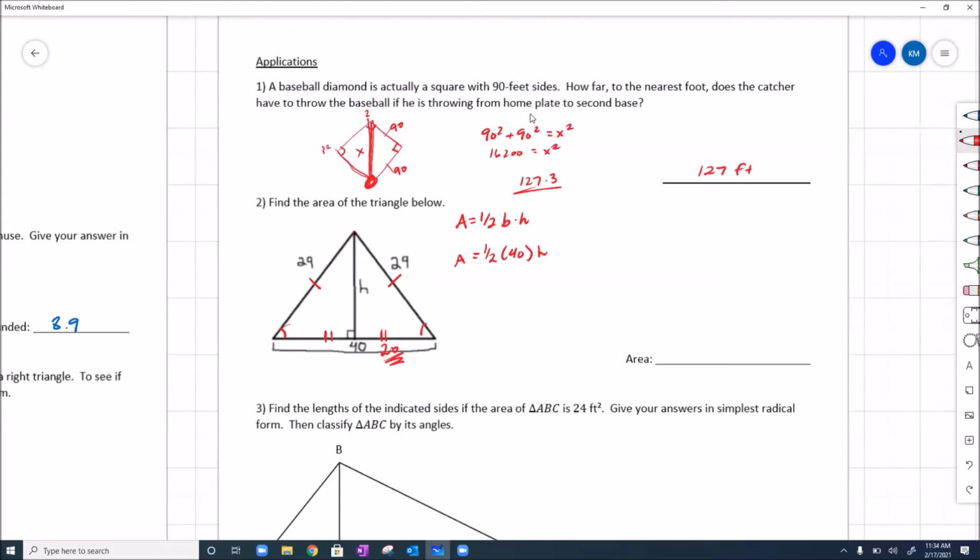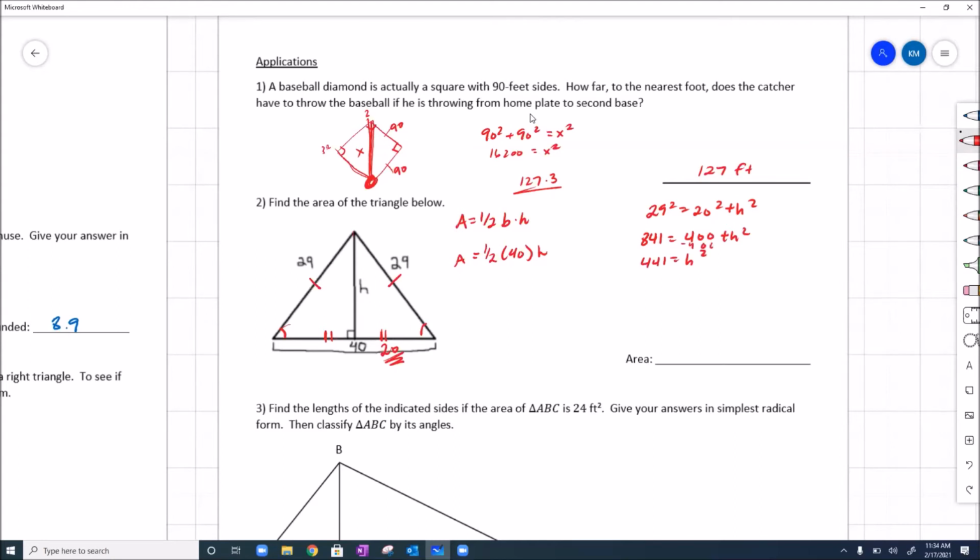We need this in order to use our Pythagorean theorem. So we have 29 squared equals 20 squared plus h squared. That's 841 equals 400 plus h squared, so 441 equals h squared.